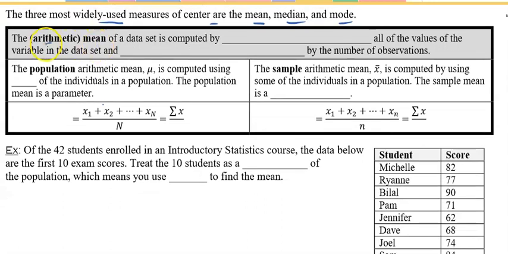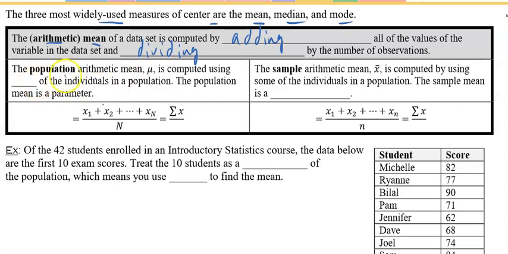The mean, which is the arithmetic average that you know of a data set, is computed by adding all of the values of the variables in the data set and dividing by the number of observations.